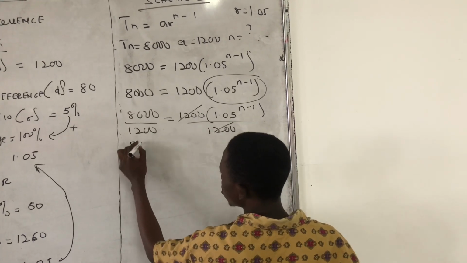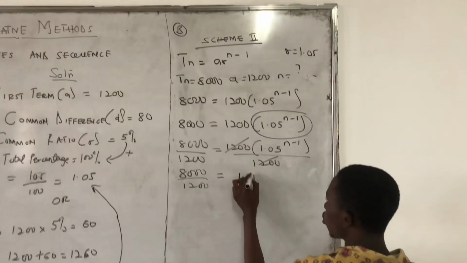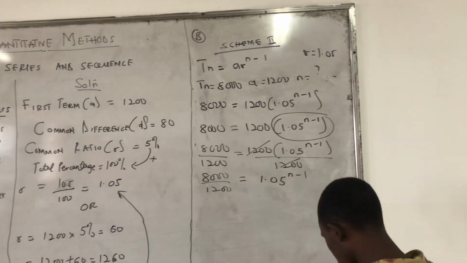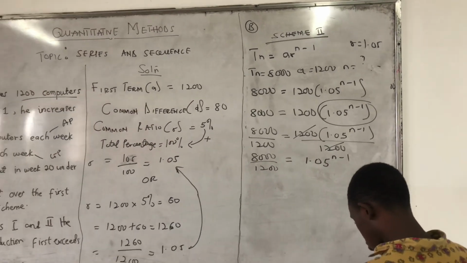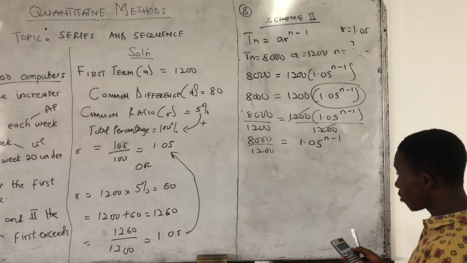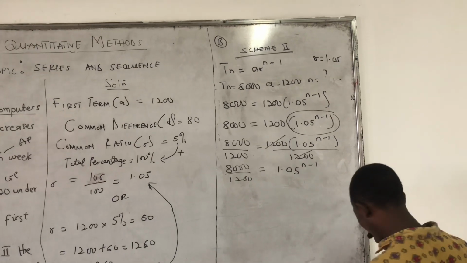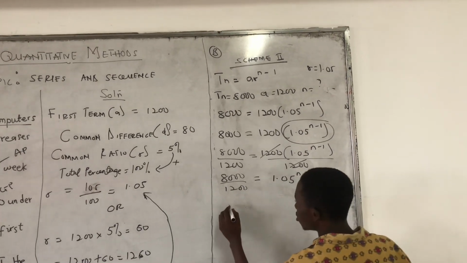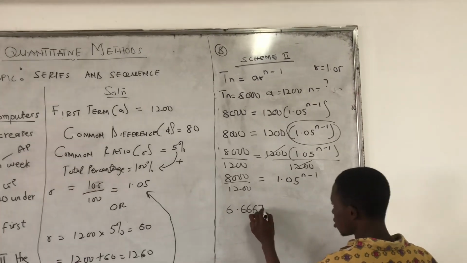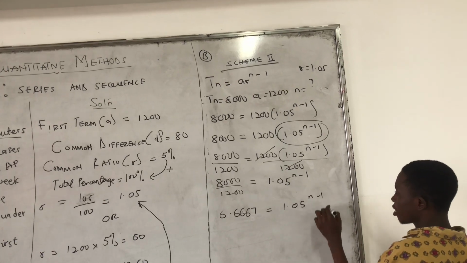I have 8,000 over 1,200 equals 1.05 to the power n minus 1. So 8,000 divided by 1,200, I'm getting 6.6667 is equal to 1.05 to the power n minus 1.